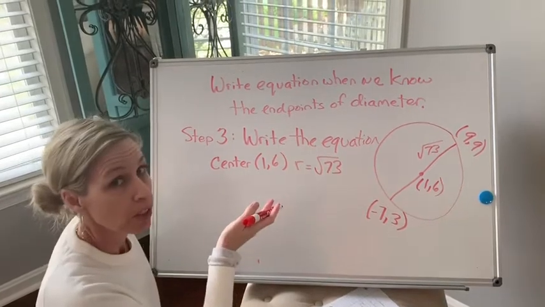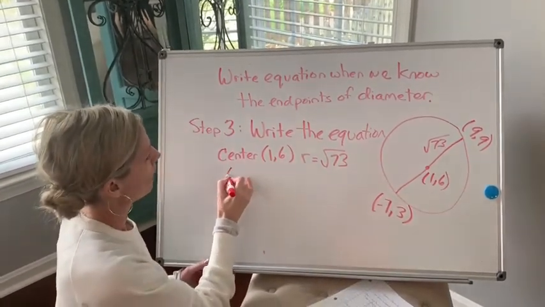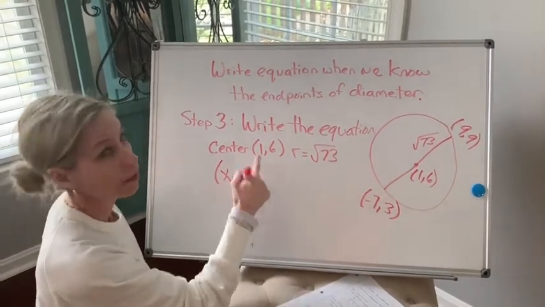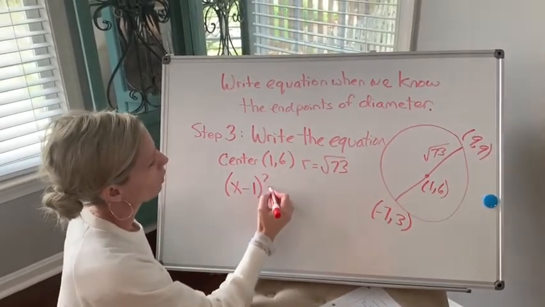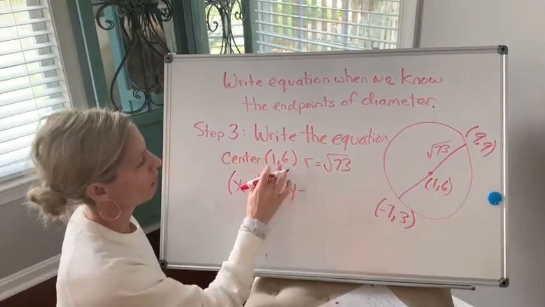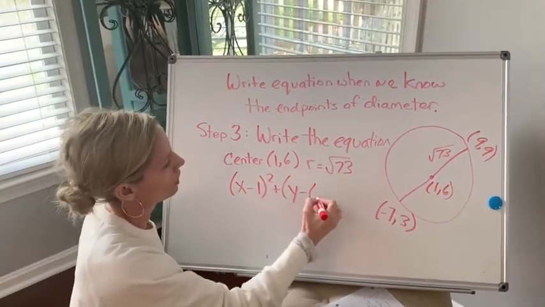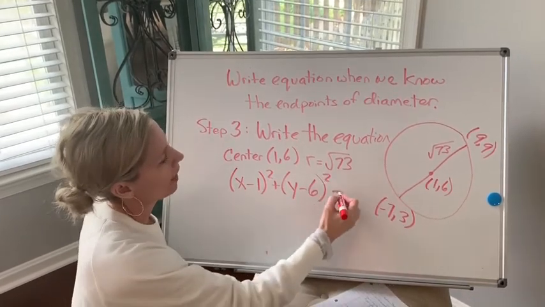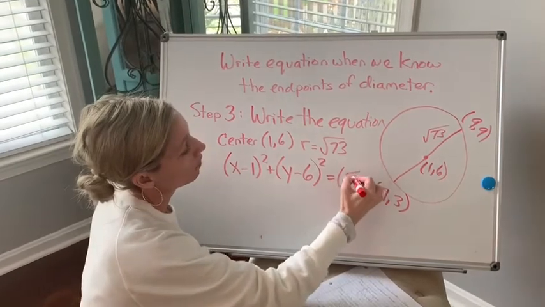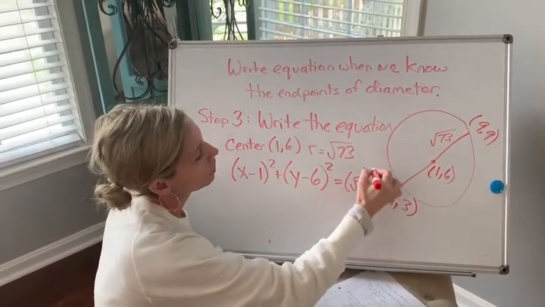We have to remember our standard form for the equation of a circle, (x minus h) squared. So for this, it's going to be (x minus my 1) squared plus (y minus the k, which is that y value of the center, 6) squared. And then we're going to set that equal to the radius squared, so the square root of 73, squared.